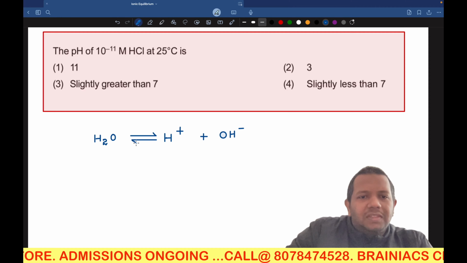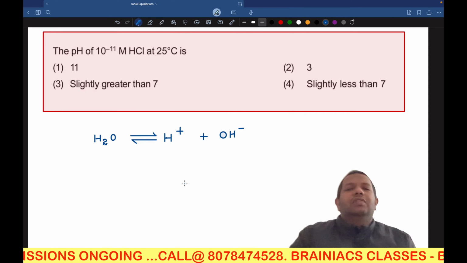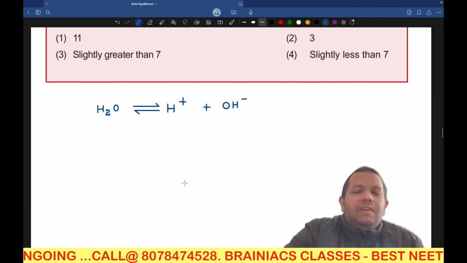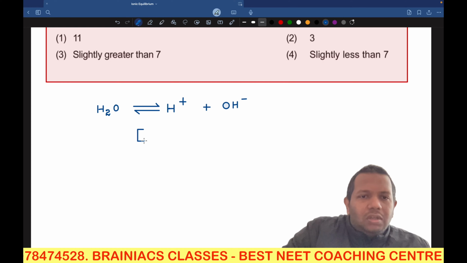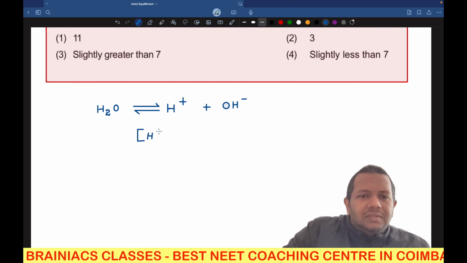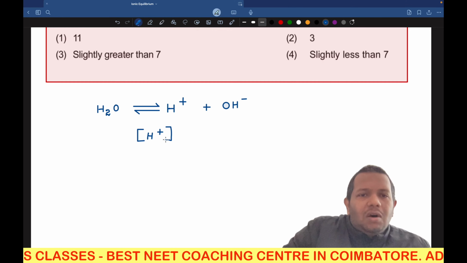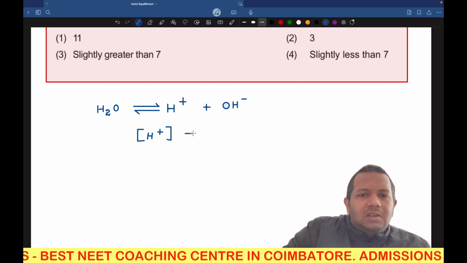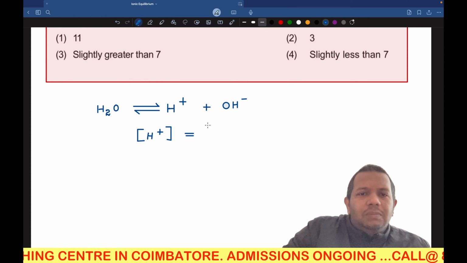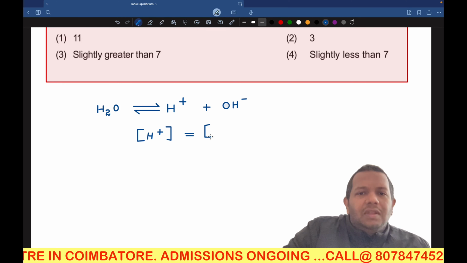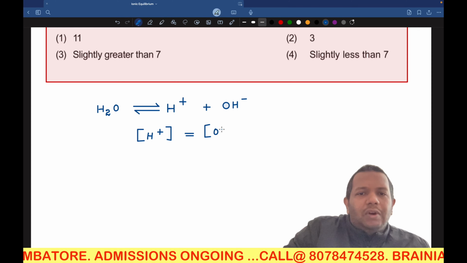On ionization, water becomes H plus and OH minus. What is its concentration under normal conditions? At room temperature, the concentration of H plus and the concentration of OH minus remain the same. That is the most important point I would like to update here.